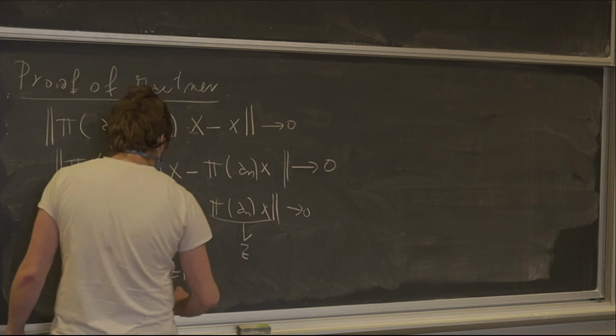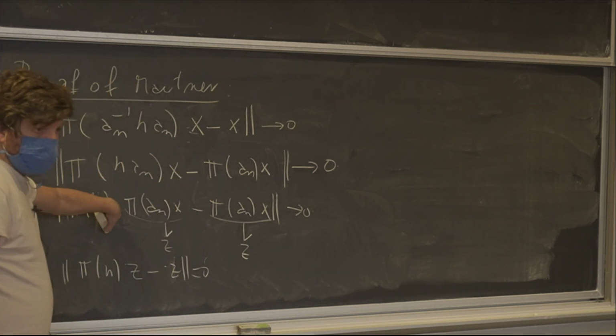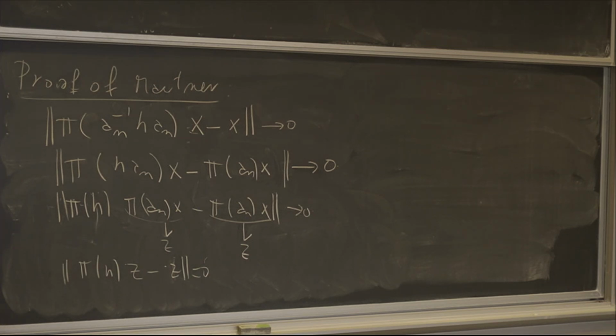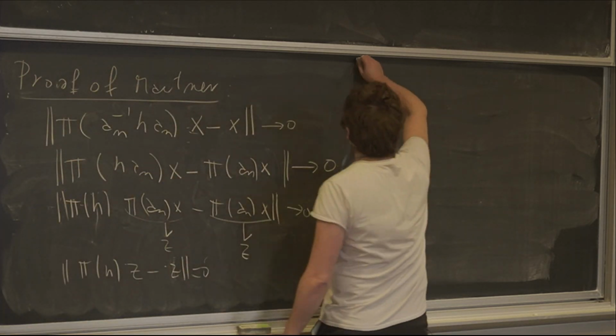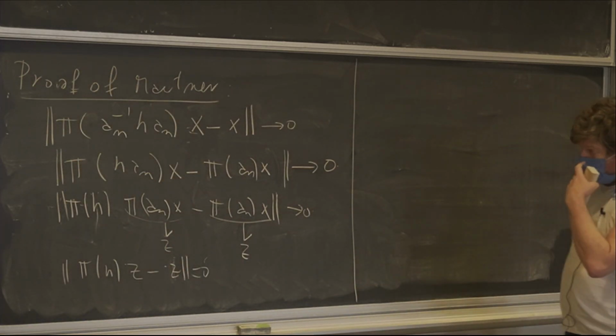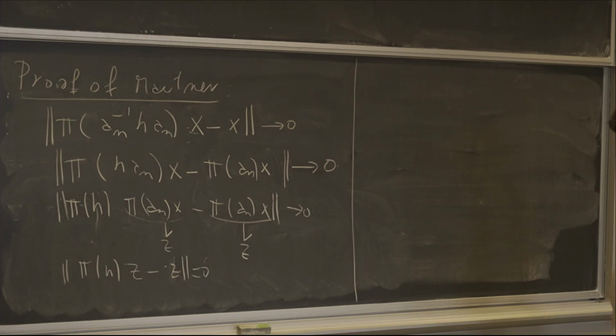I want to argue that this norm is 0 due to the fact above. Now one has to be a little bit careful, but there is evidence enough now of what we have to do.